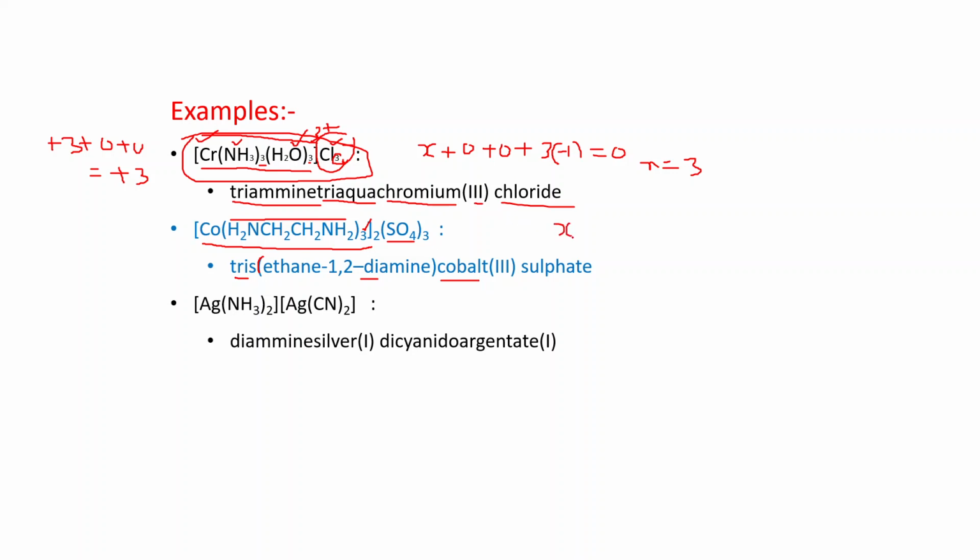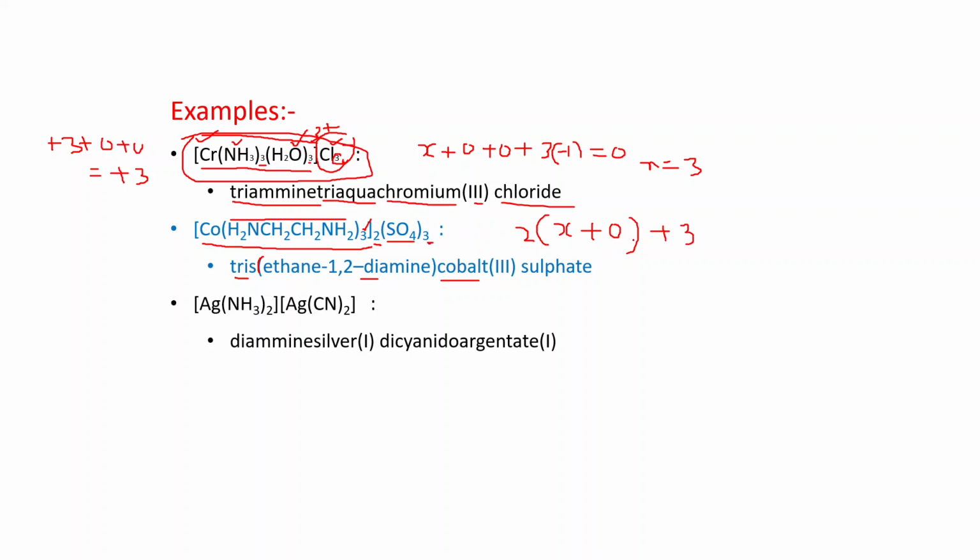Oxidation state of cobalt is X, plus ethane-1,2-diamine is neutral, and this is multiplied by 2. Why? Because this 2 is here. This is sulfate. It carries 2 negative charge, and this is coming for 3 times.